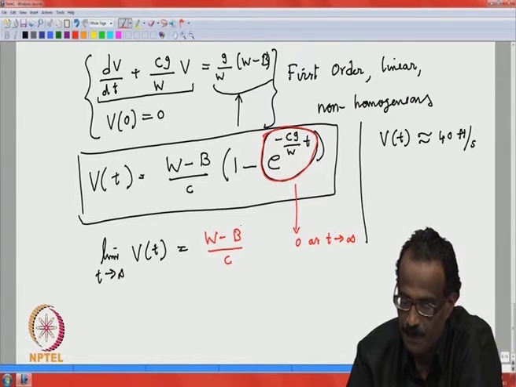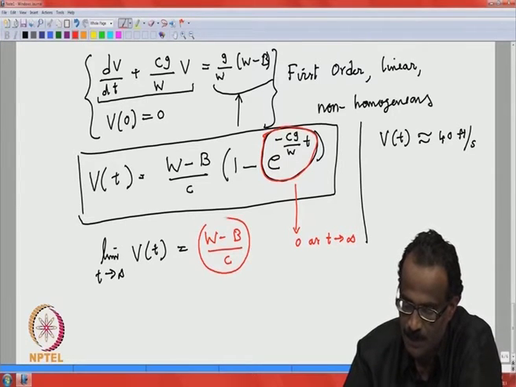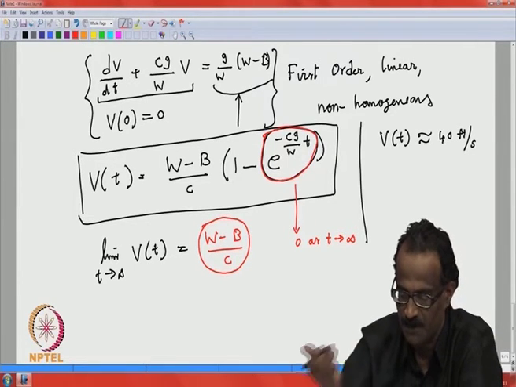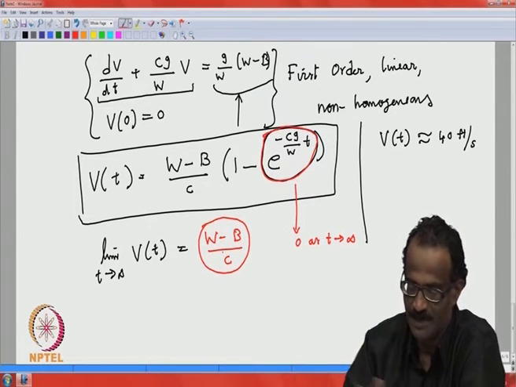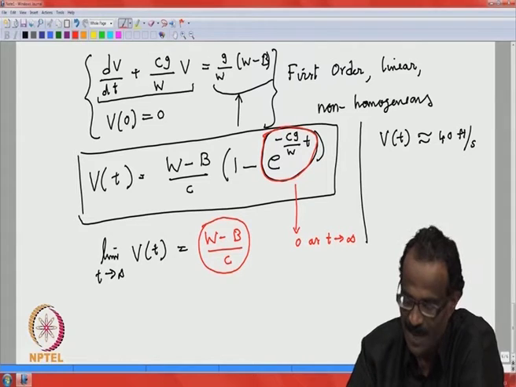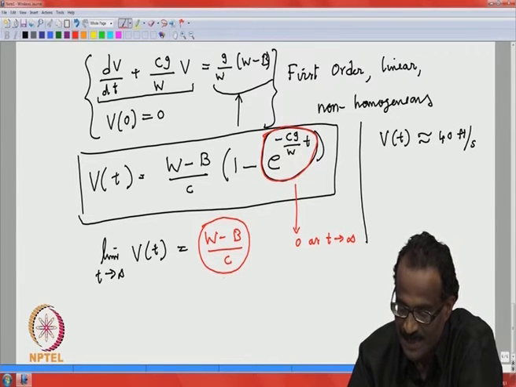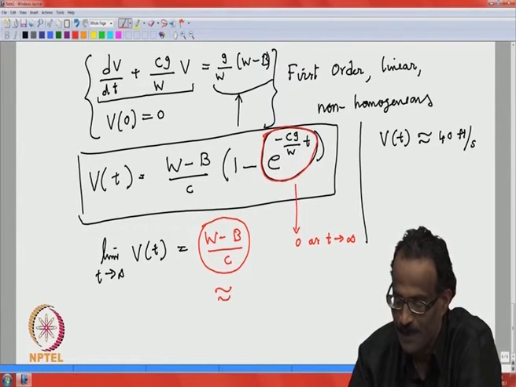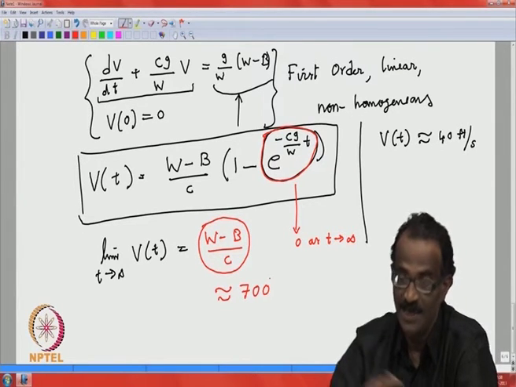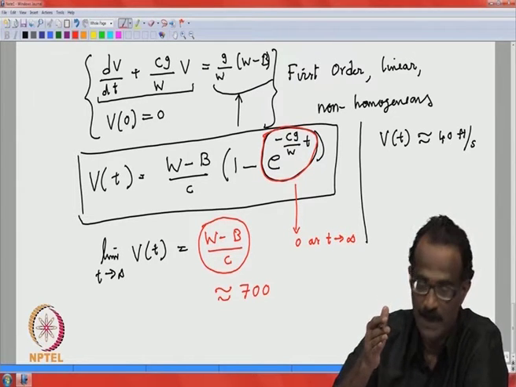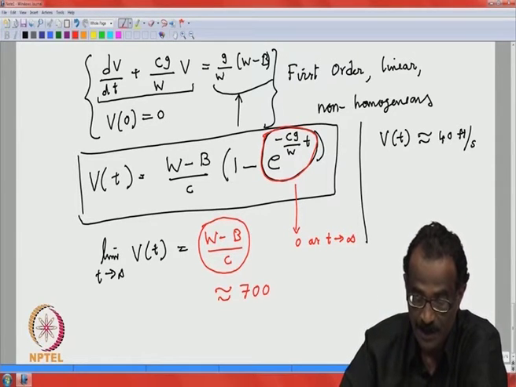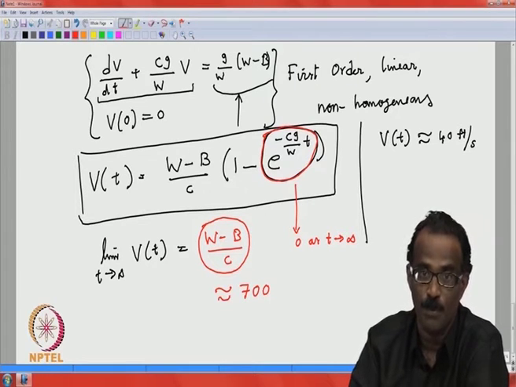and these are all known quantities. W, B and C are all known, because W is mg, B is the buoyancy which has a value, and C is the proportionality of the drag force to the velocity. This is approximately 700, you see. So, the velocity indeed will cross 40 as t tends to infinity, but there is nothing to completely ignore the problem here.